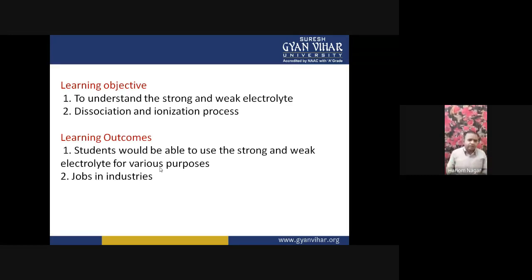So there are many fields where electricity is used, by using these appliances, apparatuses and instrumentation.